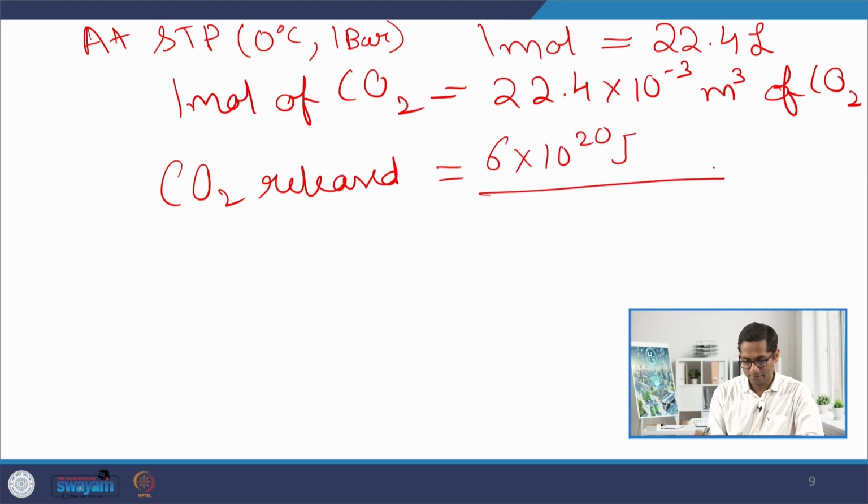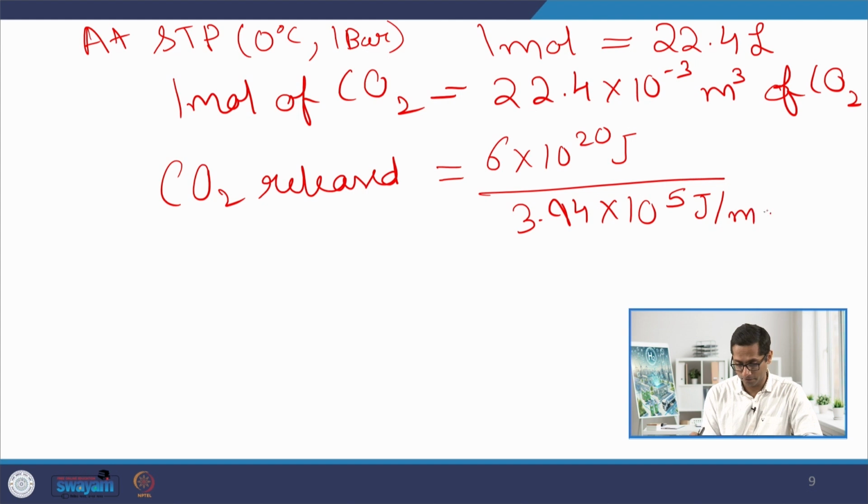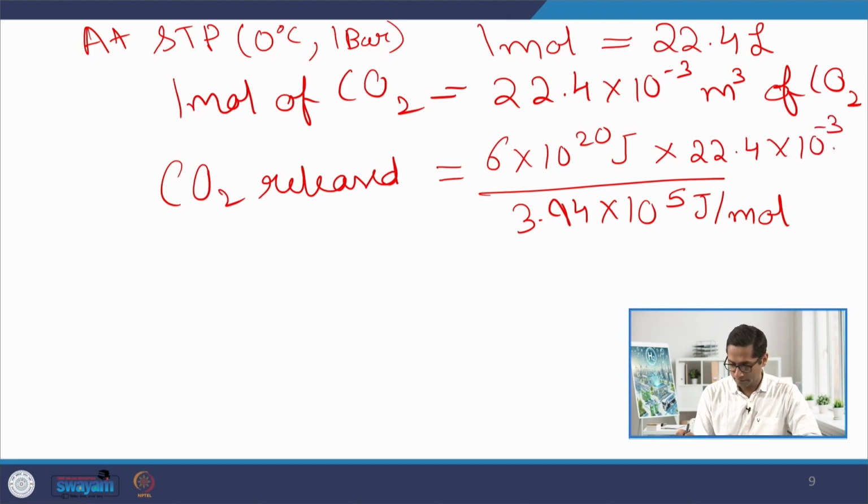I divide that by the energy release from 1 mole of CO2 production from the combustion of carbon. This is 3.94 into 10 to power 5 joules per mole. And now I need to convert these moles into meter cube. So, I multiply this with a factor of 22.4 into 10 to power minus 3 meter cube per mole.